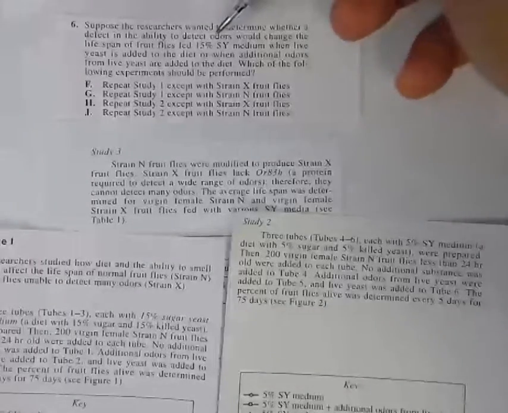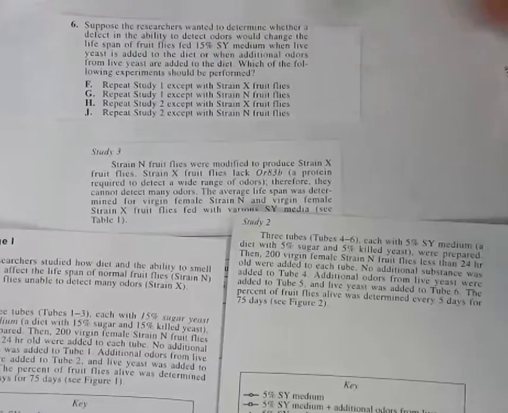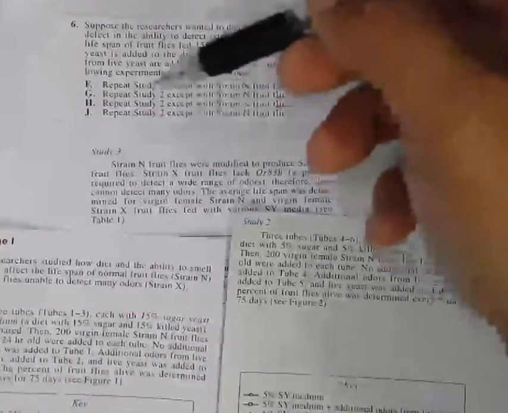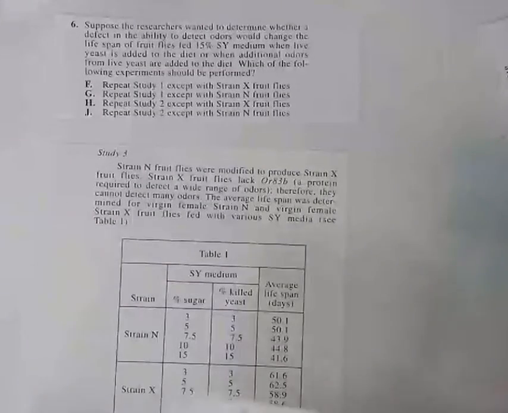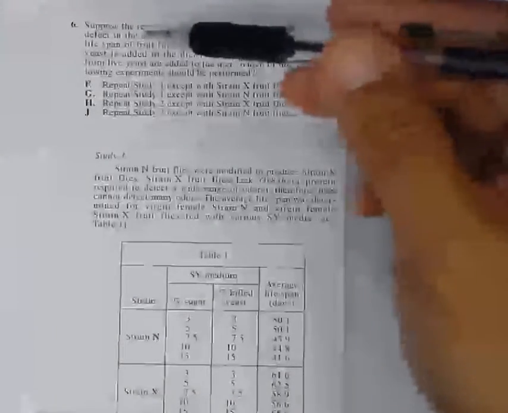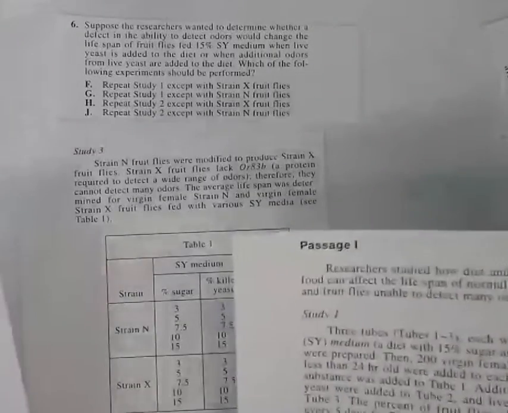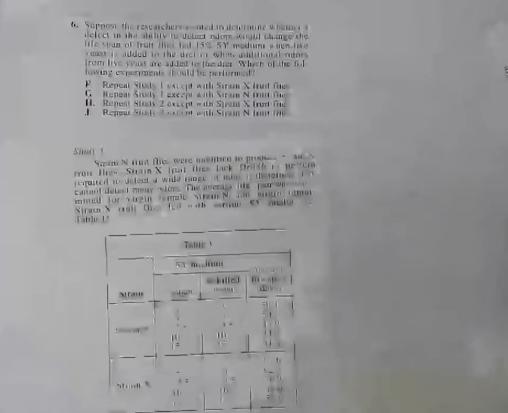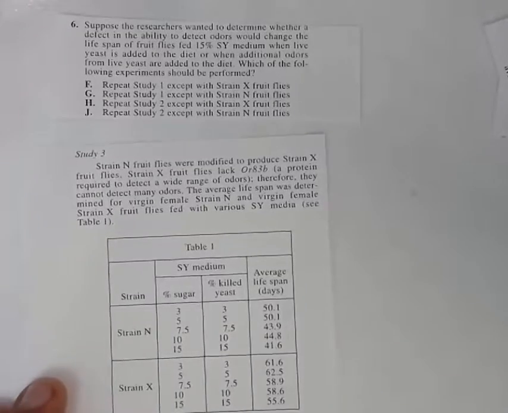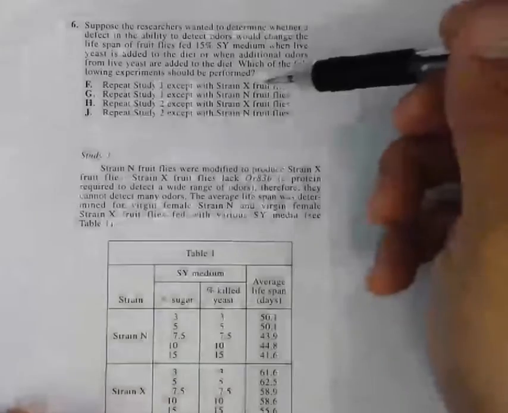Since we want to find out about the 15%, it's got to be study 1, so it's got to be one of the first ones. Now, they also wanted to know if you disabled their ability to smell, then we would use strain X. And strain X would be answer number 1, F.